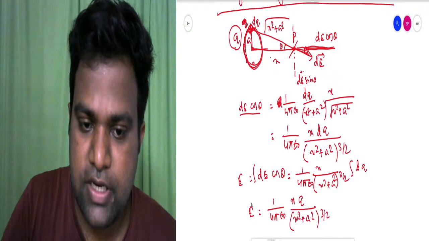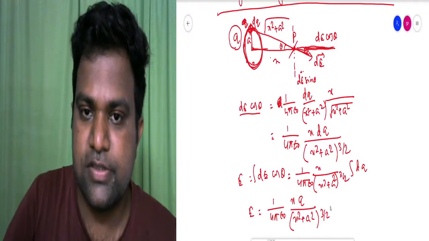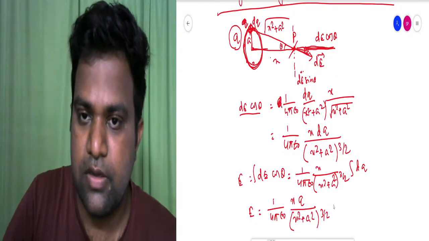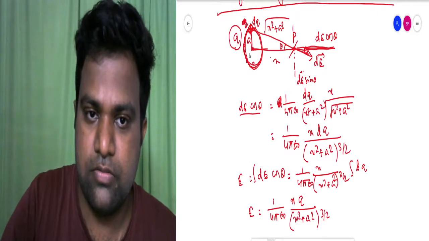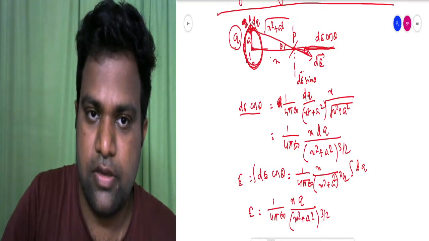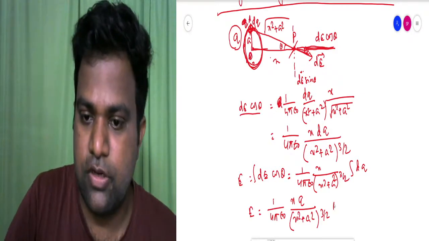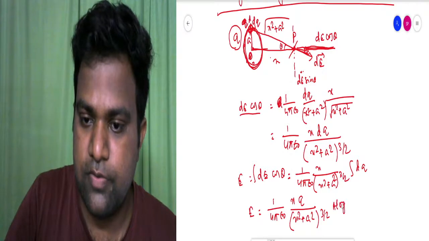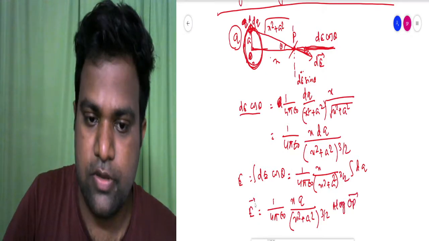And this electric field vector is along OP, if you want to write it in vector form, along O to P.